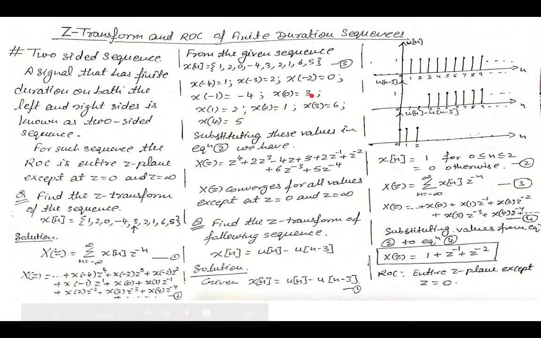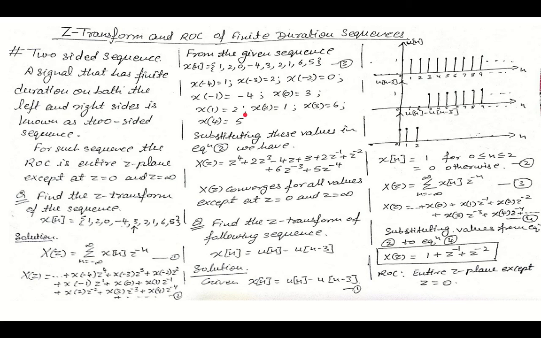So x[0] is 3. So all the values to the left will be x[minus 1] is equal to minus 4, x[minus 2] is equal to 0, x[minus 3] is equal to 2, x[minus 4] is equal to 1, and on the right of this 3 will be the positive values, that is x[1] is equal to 2, x[2] is equal to 1, x[3] is equal to 6, x[4] is equal to 5.